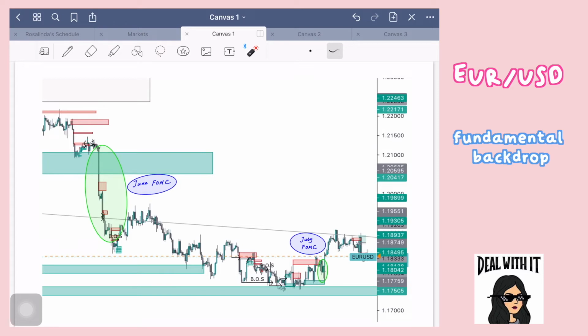And as you can see, the knee-jerk reaction was a lot more conspicuous than the July FOMC, where they didn't really do much on the knee-jerk. In fact, it just provided the catalyst for what was a pretty overdue recovery. Price had been decelerating for a while. As you can see, the bearish pressure was beginning to exhaust, and it was about time for price to recover a bit more.